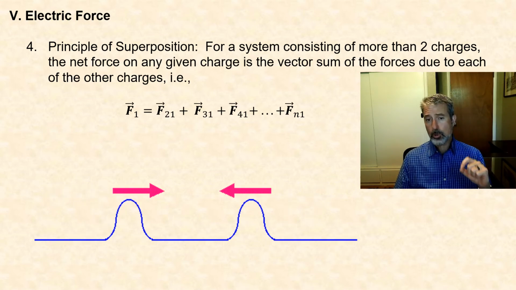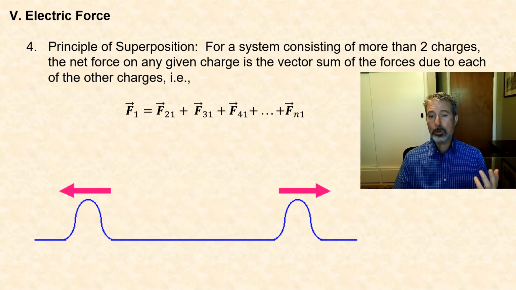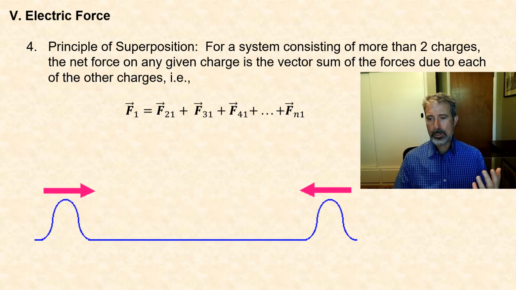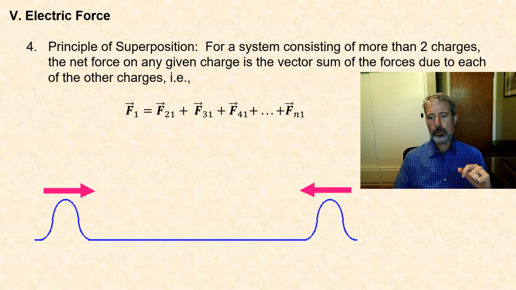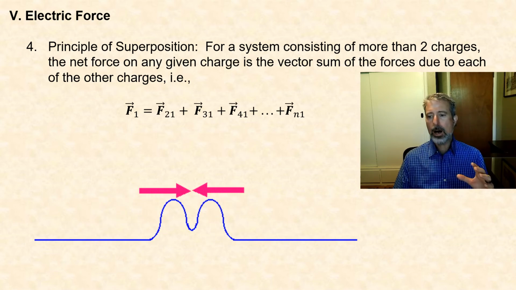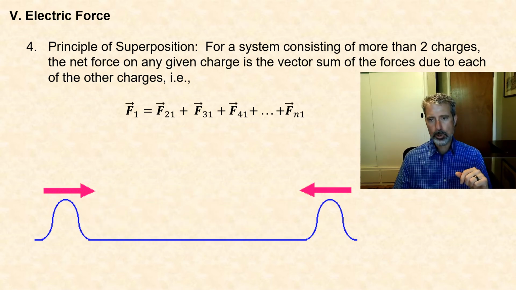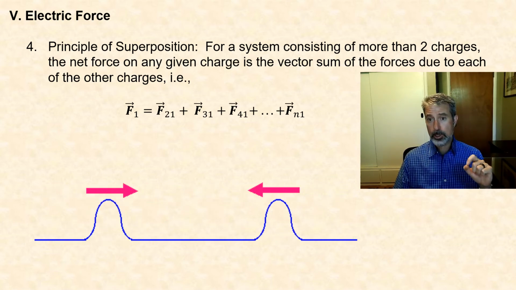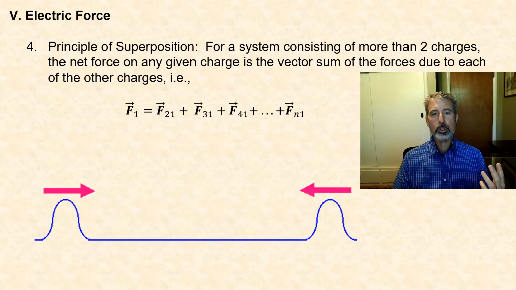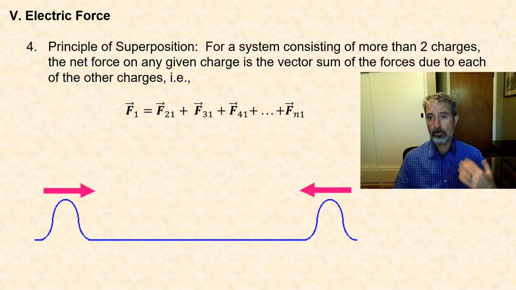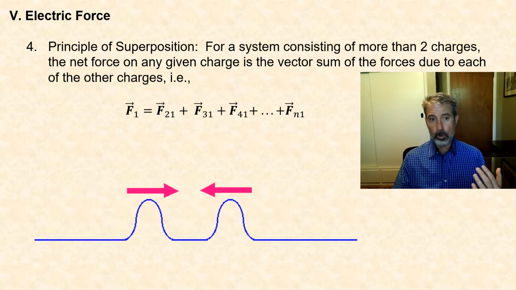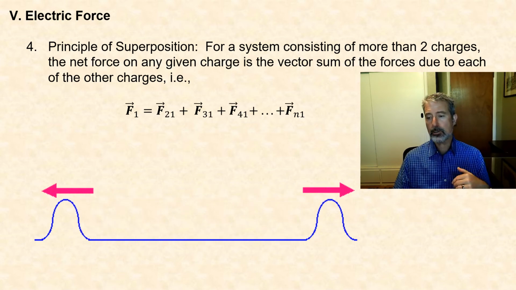So it should come as no surprise to you that the principle of superposition that you learned in your course on wave theory, Physics 102 perhaps, is alive and well when it comes to forces. For a system consisting of more than two charges, the net force on any given charge is simply the superposition, or vector sum, of the forces due to each of the other charges.